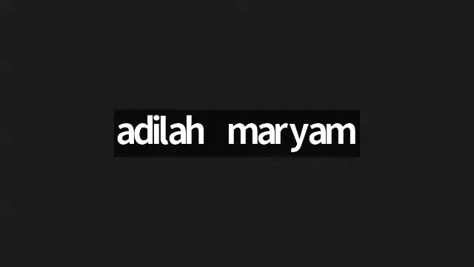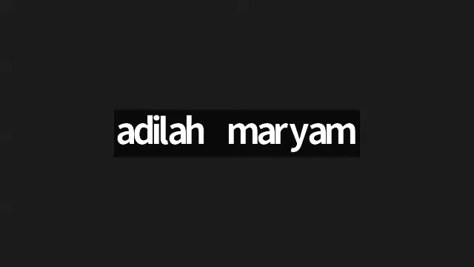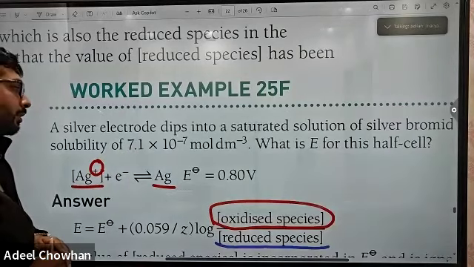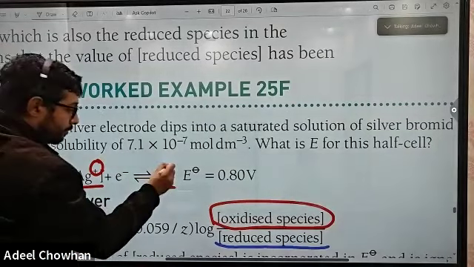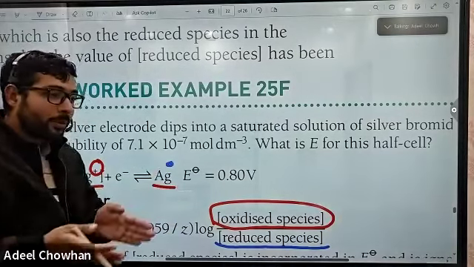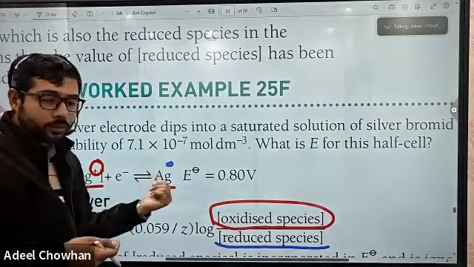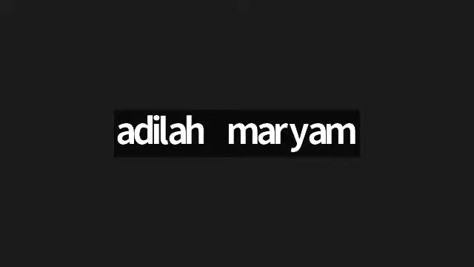On the left or right? I'm asking for the right. Oh, it's 0. Yes, it's 0. So 0 is less positive than plus 1, which means this is the reduced form. And yes, Ag plus is the oxidized form.